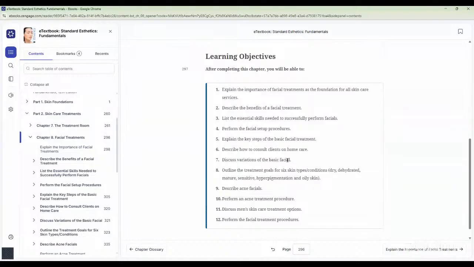Number 8, outline the treatment goals for 6 skin types and conditions, such as dry, dehydrated, mature, sensitive, hyperpigmentation, and oily skin. You have to have a clear understanding of all of these and also what is best, what's commonly used, what are some of the great ingredients from chapter 6 for each one of these. I tell people all the time, I study the issues, the problem going on with someone's hair, skin, and nails.